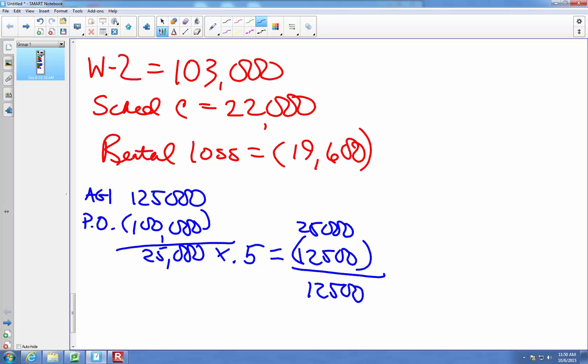So my actual loss was how much? My capacity to take a loss is how much?